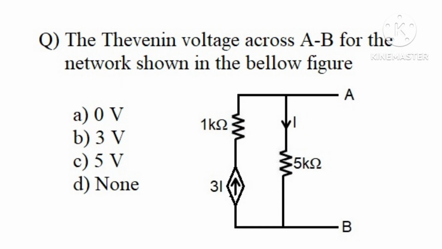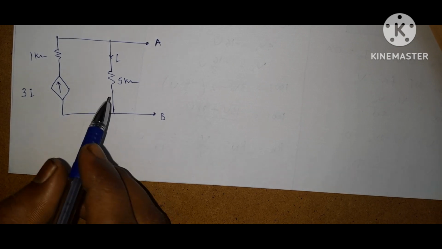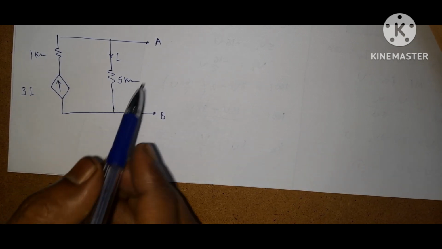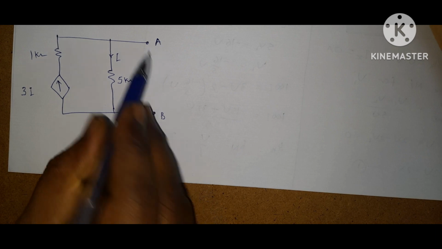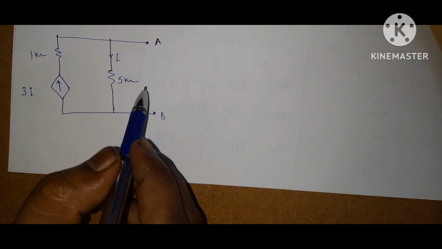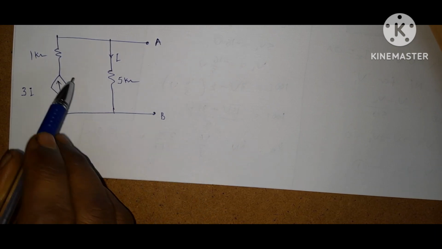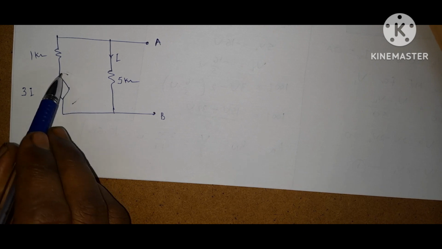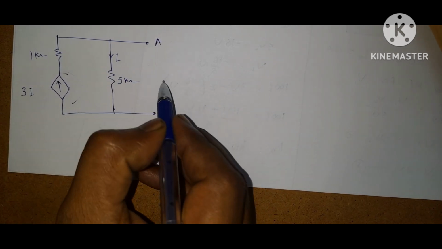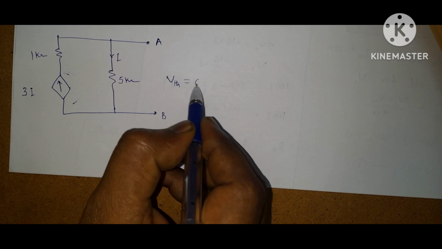Next question is, the Thevenin voltage across AB for the network shown in the below figure. Options are option A 0 volts, option B 3 volts, option C 5 volts, option D none. If you observe this network, here he is asking open circuit voltage across these two terminals. So here the network contains only dependent source. So the Thevenin voltage is 0 volts.